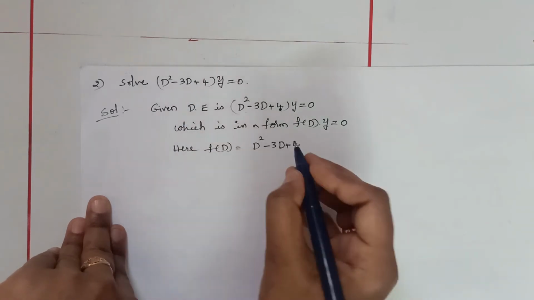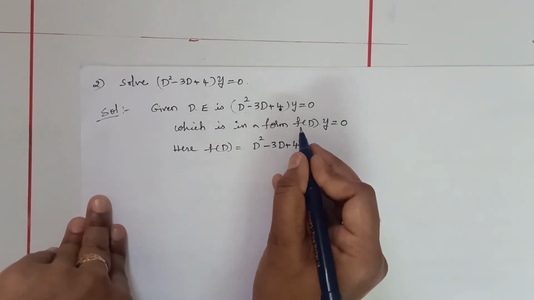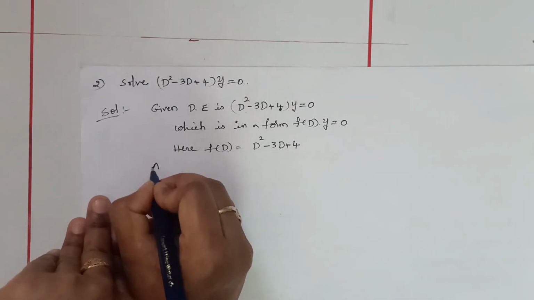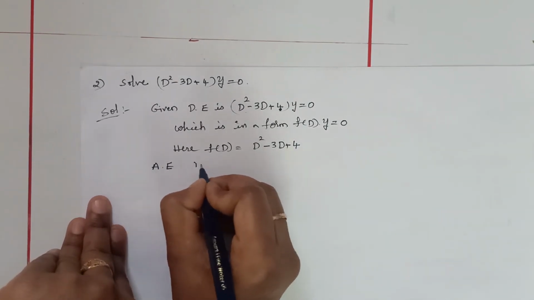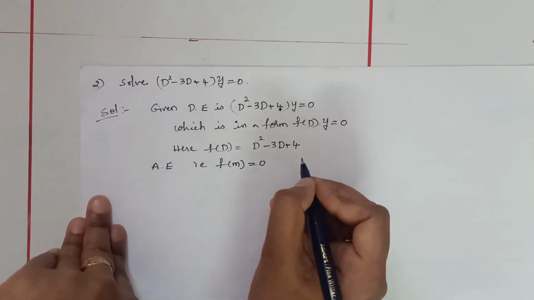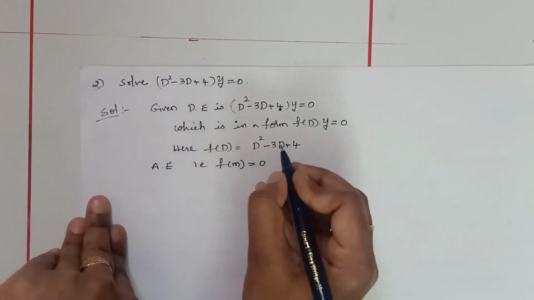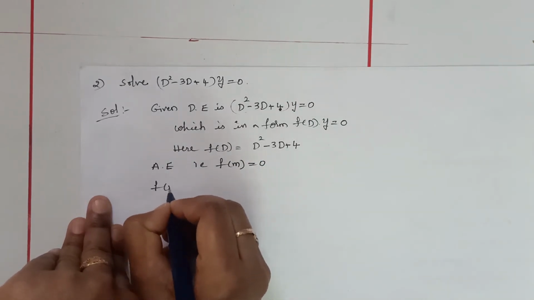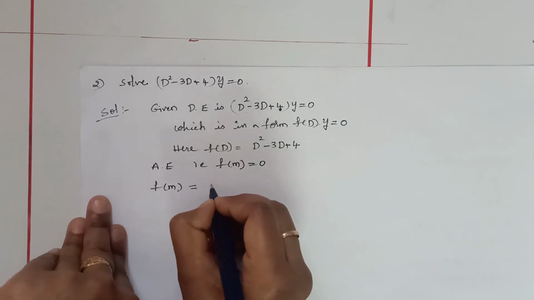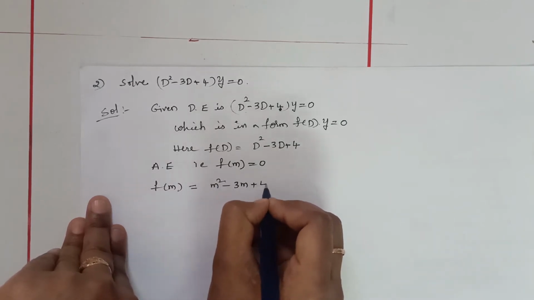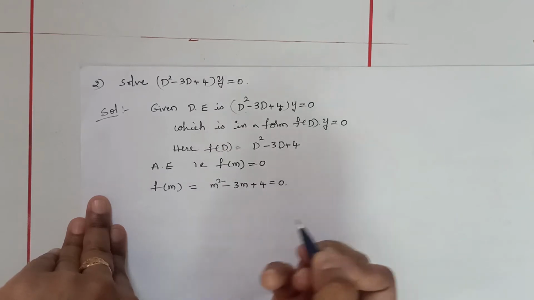To solve this differential equation, which is in the form of f of d into y is equal to 0, first find the auxiliary equation, that is f of m is equal to 0. How do you get the auxiliary equation? Substitute d is equal to m. You get the auxiliary equation f of m is equal to m square minus 3m plus 4 is equal to 0.